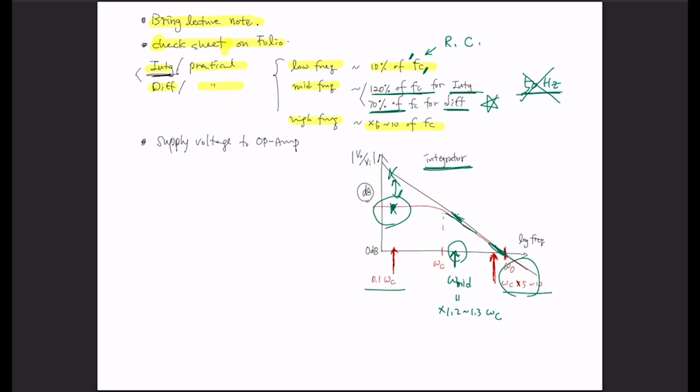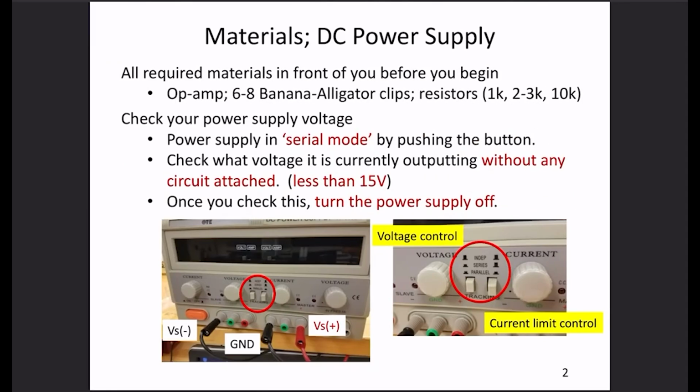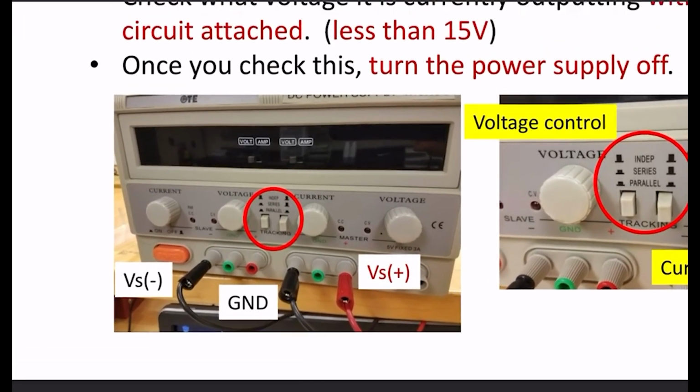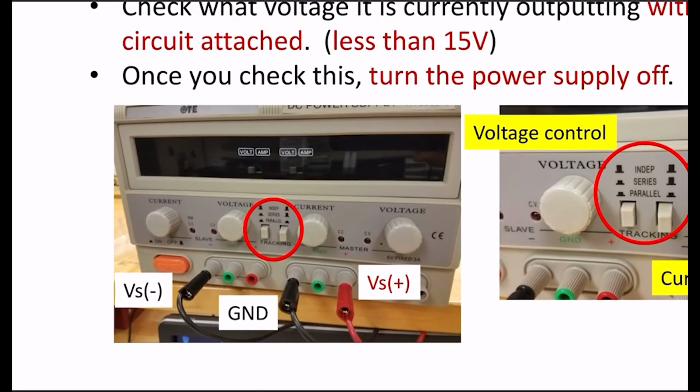Okay, and finally, this is from the last lab, and we need to connect supply voltage to the op-amp so that it is activated. Let me check this one more time. So here we have 2 batteries. Again, this is one battery. You see, this is plus and this is minus, this is plus and this is minus.